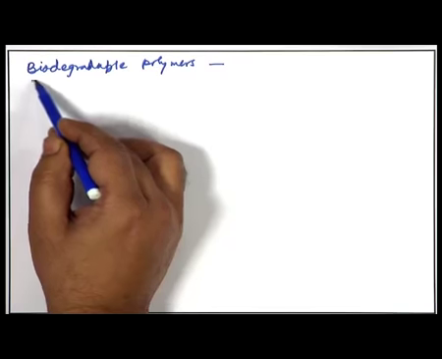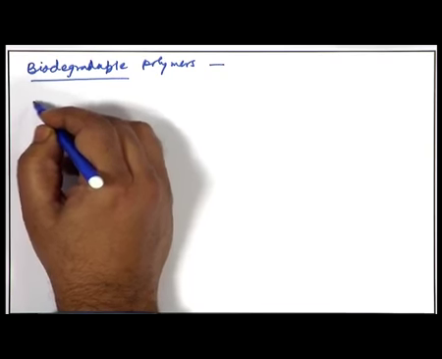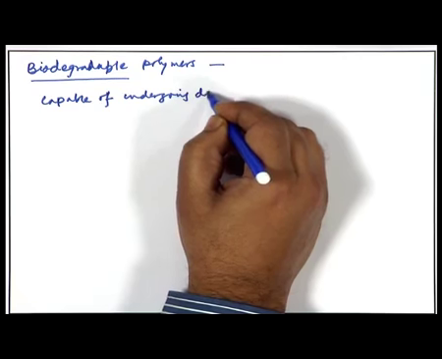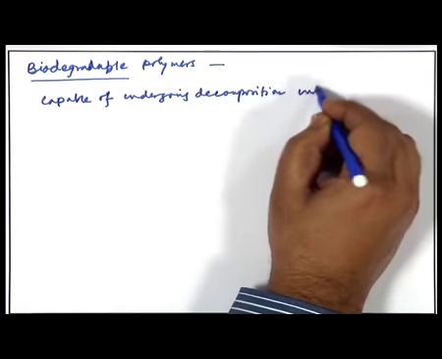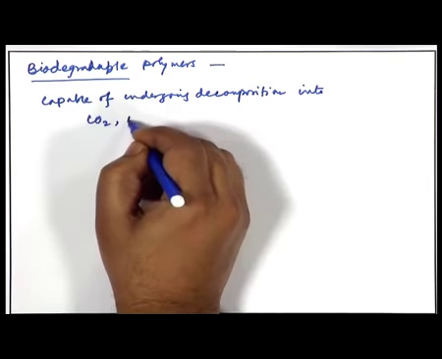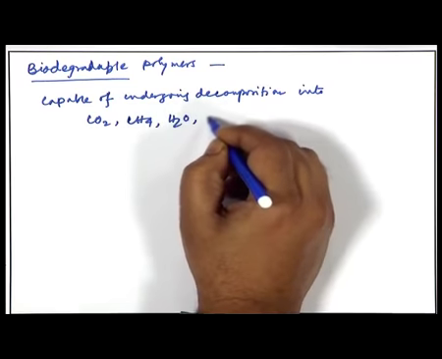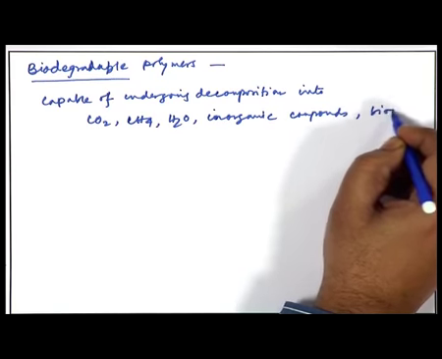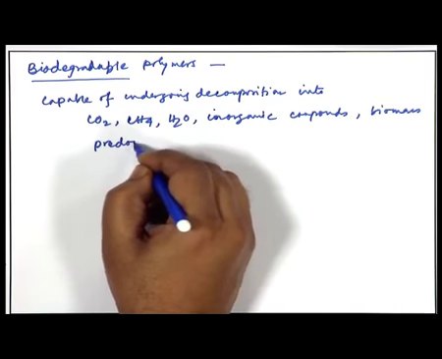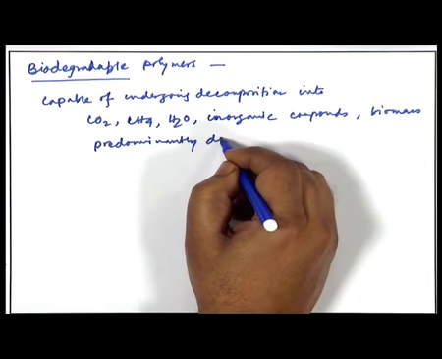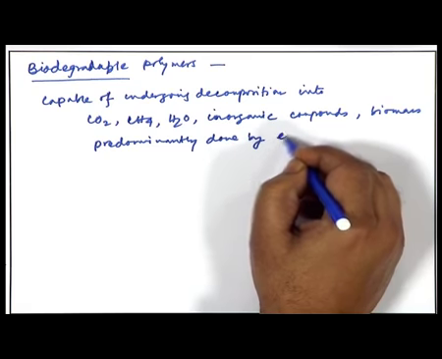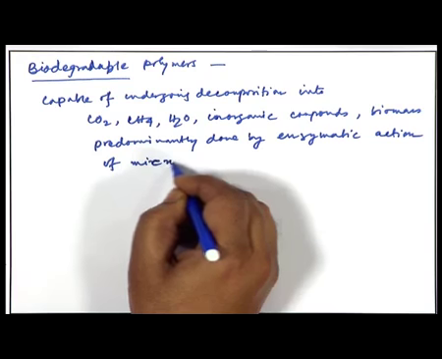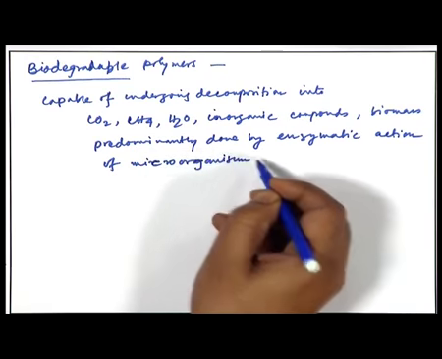And by definition, what is a biodegradable polymer? It is a polymer capable of undergoing decomposition into carbon dioxide, methane, water, inorganic compounds and biomass, predominantly done by the enzymatic action of microorganisms like bacteria.